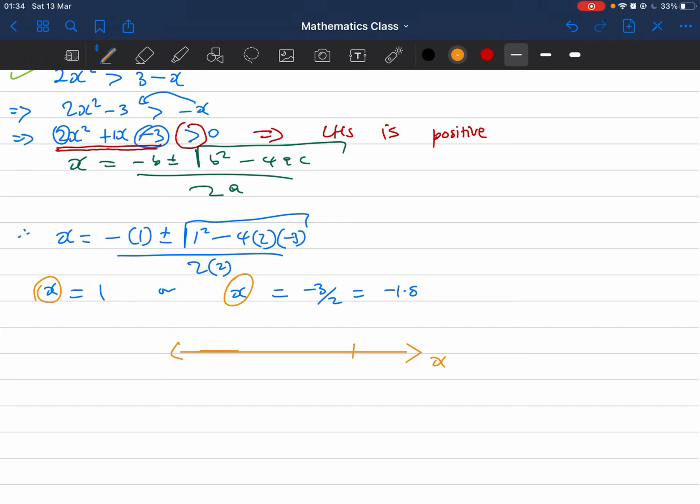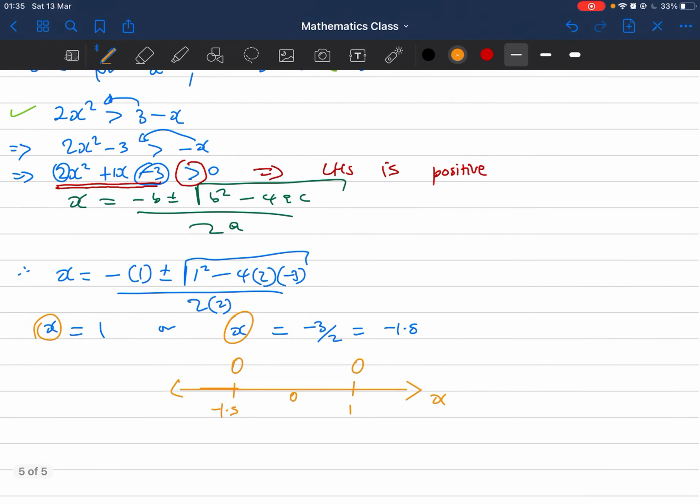We have x, which is 1, and x, which is negative 1.5. We can put 0 here for our eyes to see that negative 1.5 is on the left and 1 is on the right, so it makes sense to put 0 there, right?